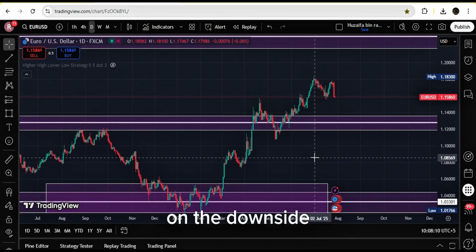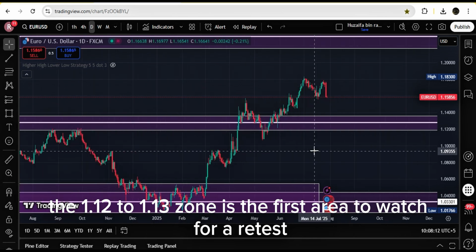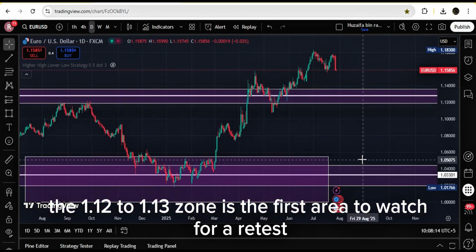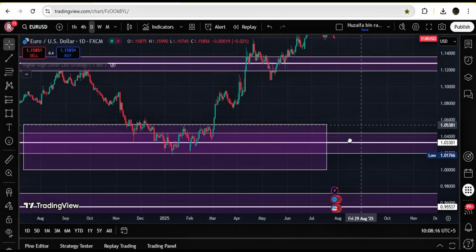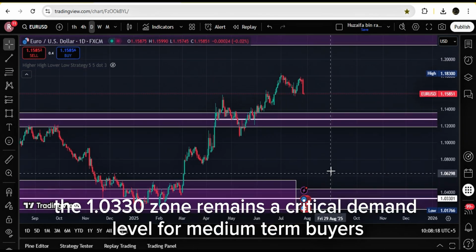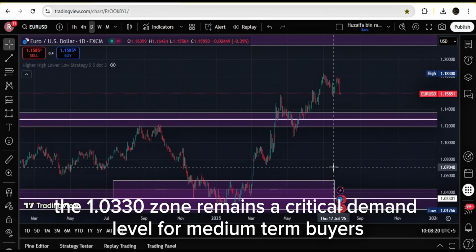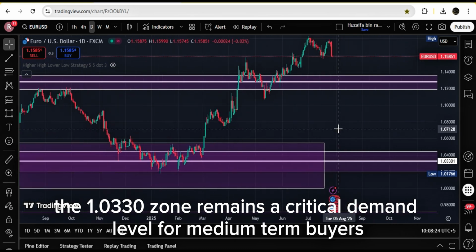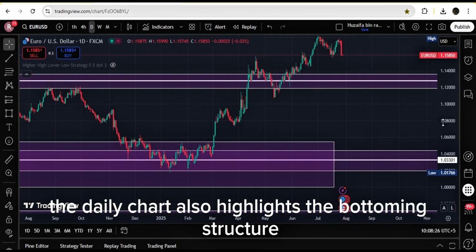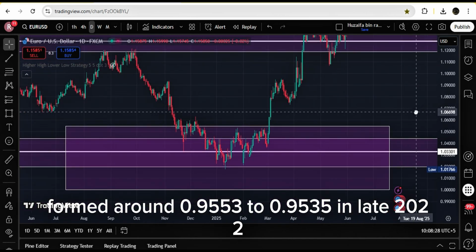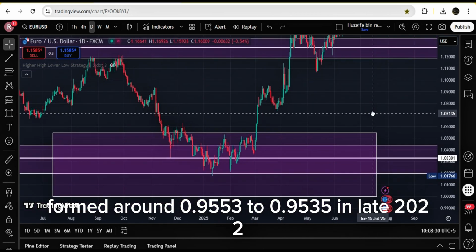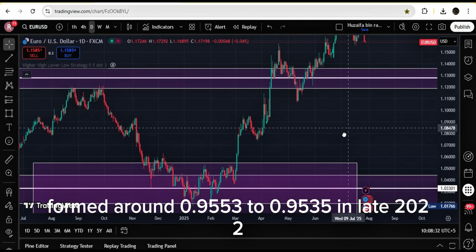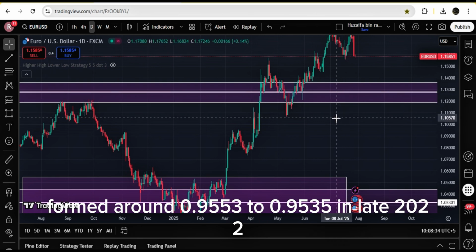On the downside, the 1.12 to 1.13 zone is the first area to watch for a retest, and below that, the 1.0330 zone remains a critical demand level for medium-term buyers. The daily chart also highlights the bottoming structure formed around 0.9553 to 0.9535 in late 2022.